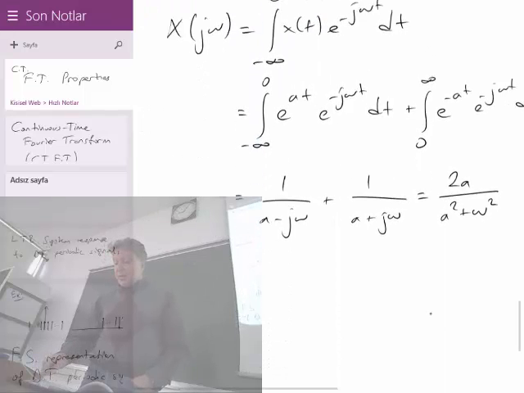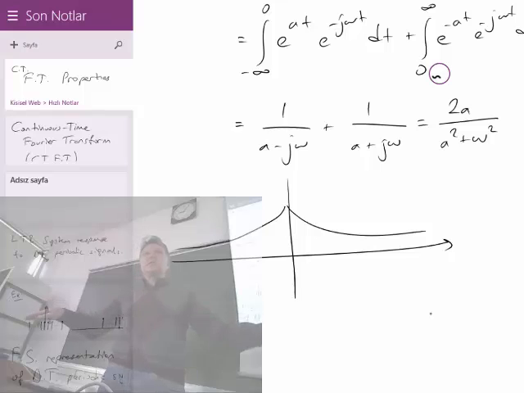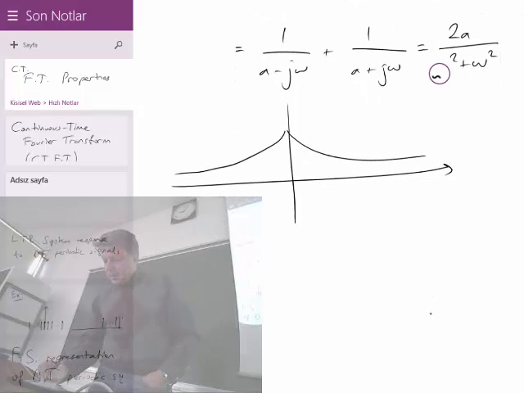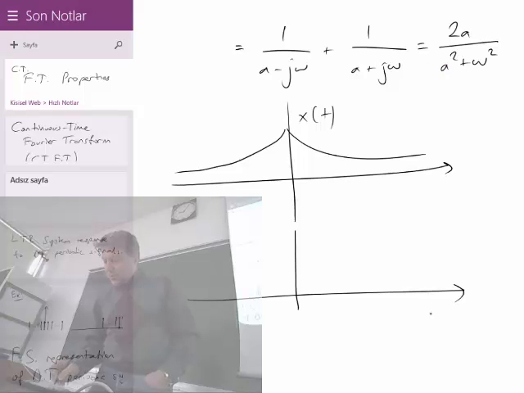This e to the minus a absolute value of t, if you just plot it, you will see that it is like this. Two exponentials decaying at both sides with a decay rate of a. And this is x of t, let's say, a scaled version of the real part of this thing.